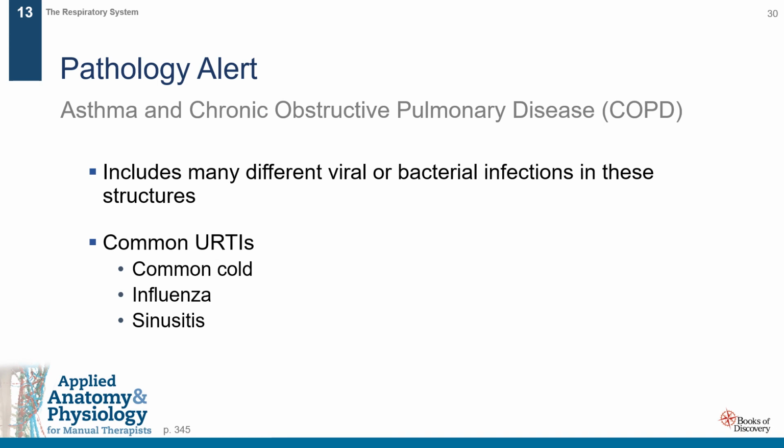Asthma is characterized by attacks of shortness of breath, wheezing, and coughing caused by reversible inflammation and secondary spasm of the smooth muscle of the bronchioles. The bronchioles of people with asthma are chronically inflamed and hypersensitive to allergens and other irritants.